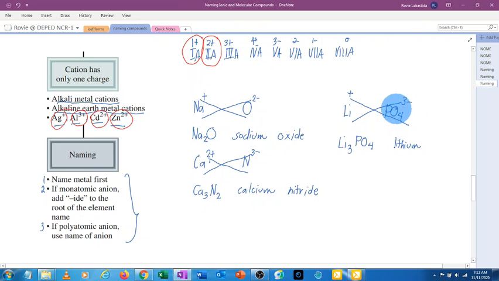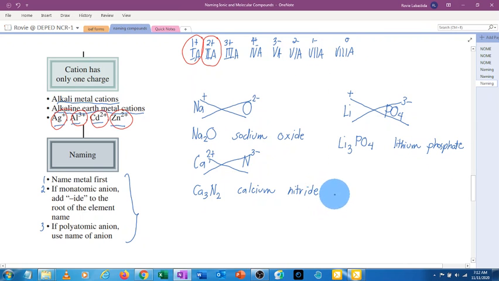And the name for this one is phosphate. So therefore, the name of this compound, Li3PO4, is lithium phosphate. There you go.